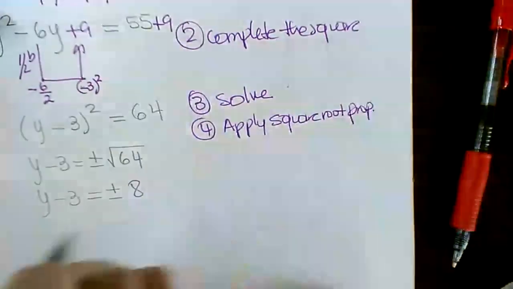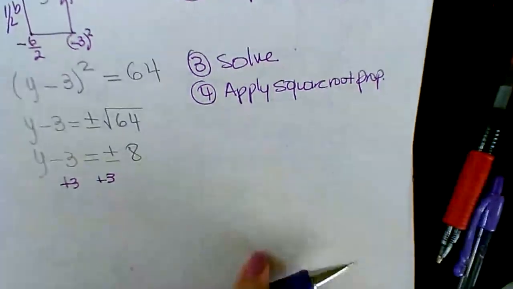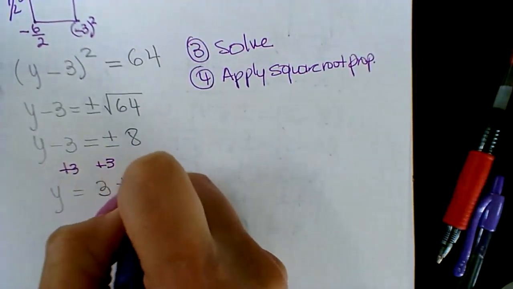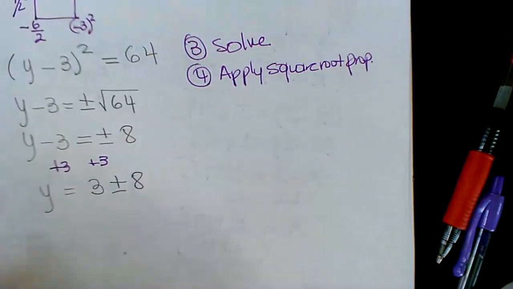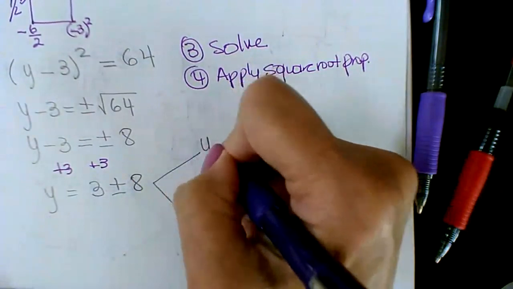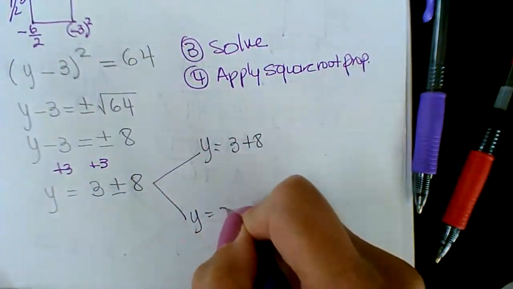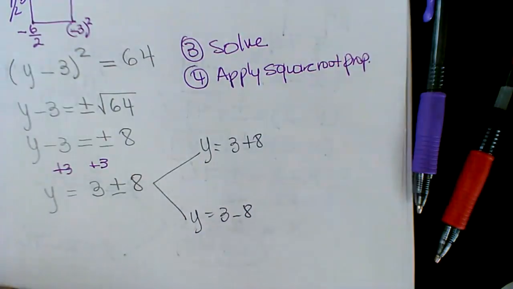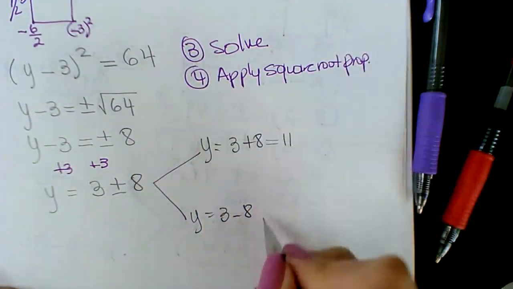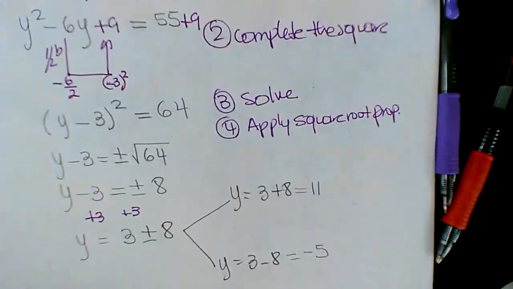So I'm going to be adding 3 on both sides. So y is going to be equal to 3 plus or minus 8. So we're going to have two answers. One is going to be 3 plus 8 and 3 minus 8. So it's 11 and negative 5.